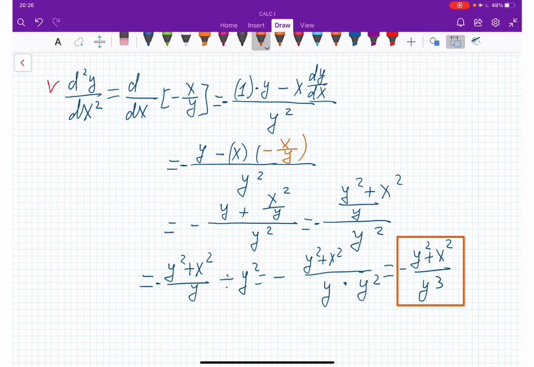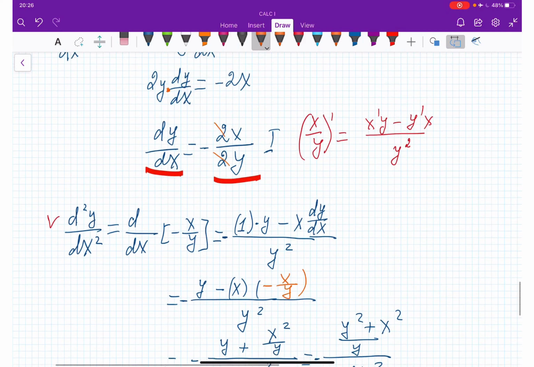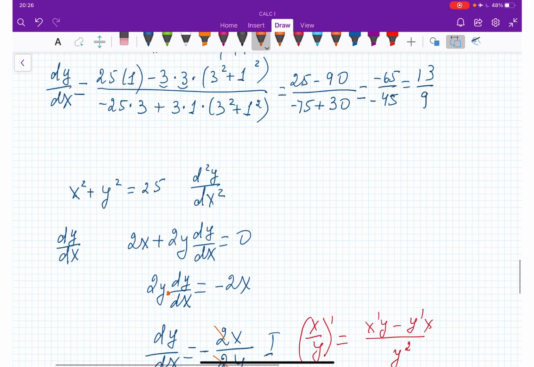Now, let me see, what do we have? Y squared plus x squared. Look, if we look at the very beginning, here it is, we have x squared plus y squared is equal 25, right?